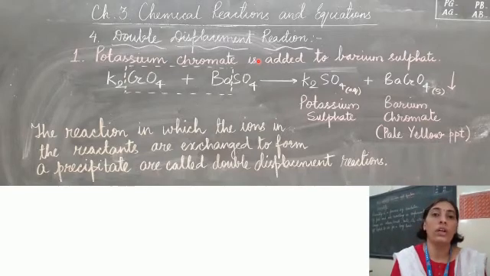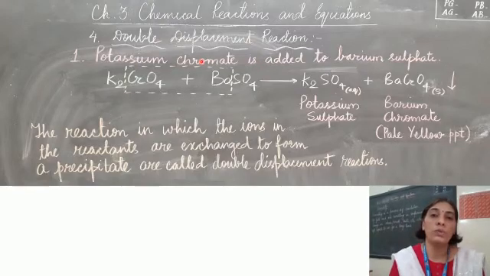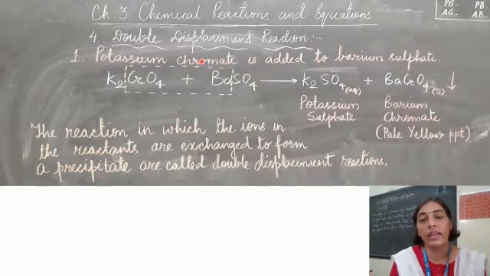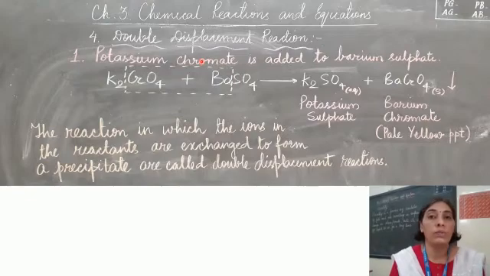So therefore it is called double displacement reaction. In the displacement reaction, we saw how a metal of higher reactivity like iron displaced a metal of low reactivity, that is copper. So only one ion was displacing another one. Here there will be displacement between two types. So let us understand it with one example.